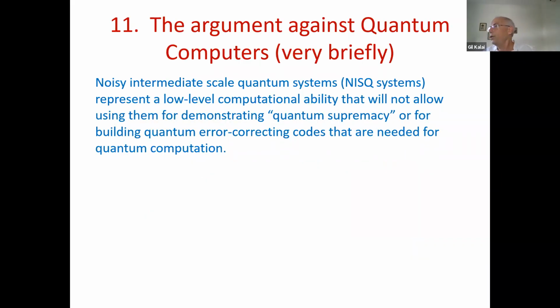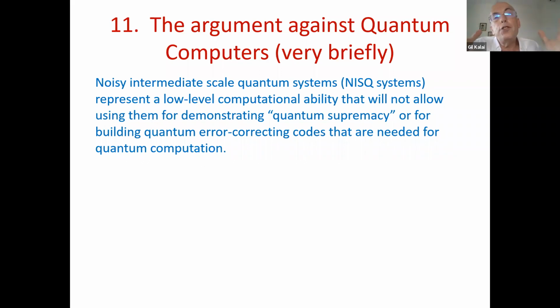Okay, so now in the last few minutes of the talk, again in a very quick way, I want to give you my arguments very briefly against the quantum computer. And part of it you've already seen. Noisy intermediate-scale quantum systems, NISQ systems, represent a low-level computational ability that will not allow using them for demonstrating quantum supremacy or for building quantum error correcting codes.